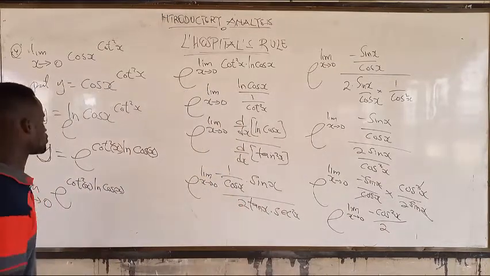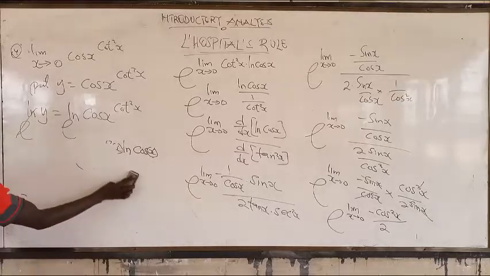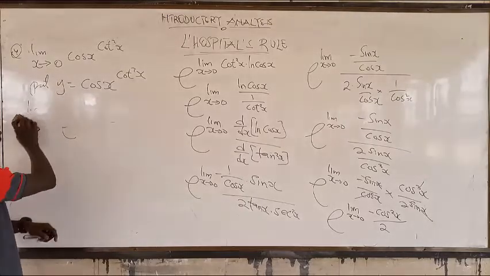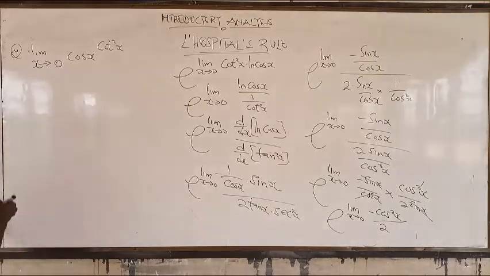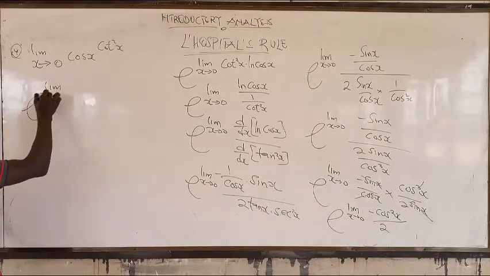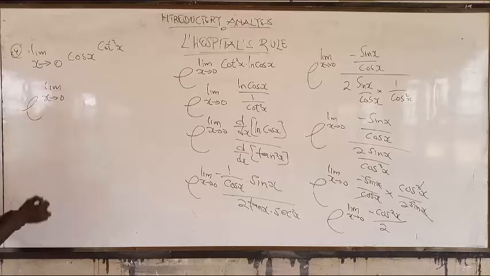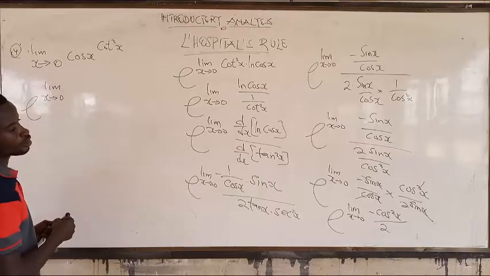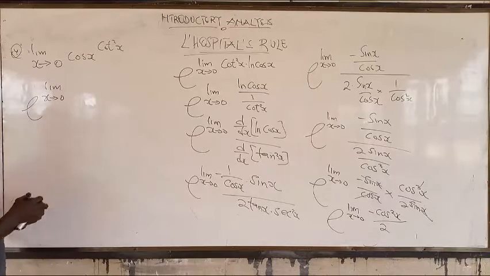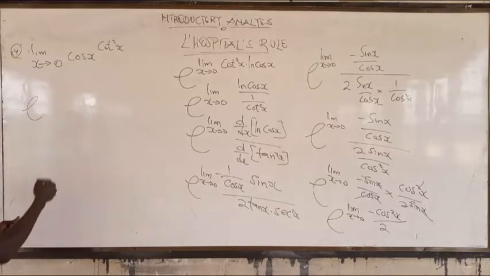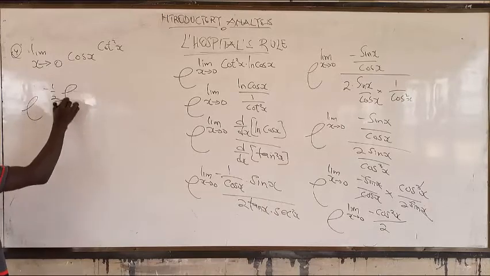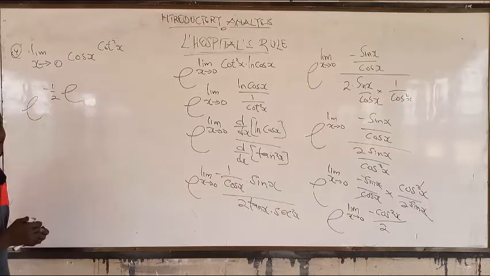So let's now move on. Just follow it patiently, you get it. So you can bring out the constant there, which is negative half, e raised to the power.